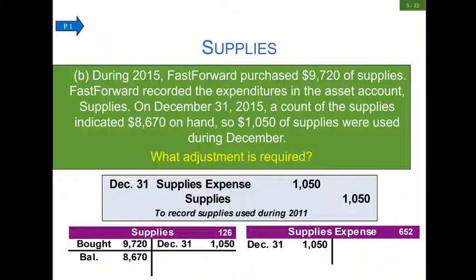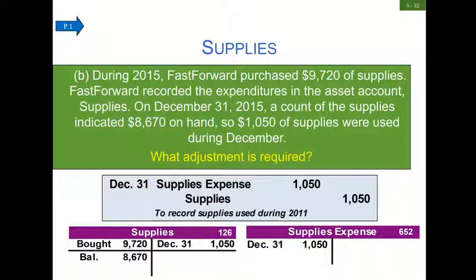When the company purchases the supplies, the debit side is supplies, which is an asset, and the credit side is cash, with the amount of 9,720. On December 31st, the account of the supplies indicates 8,670 on hand, which is the remaining items. So 1,050 of supplies were used during December, which is the amount used during the year.